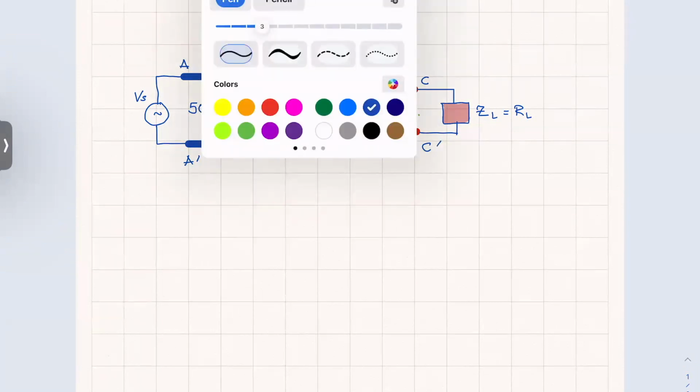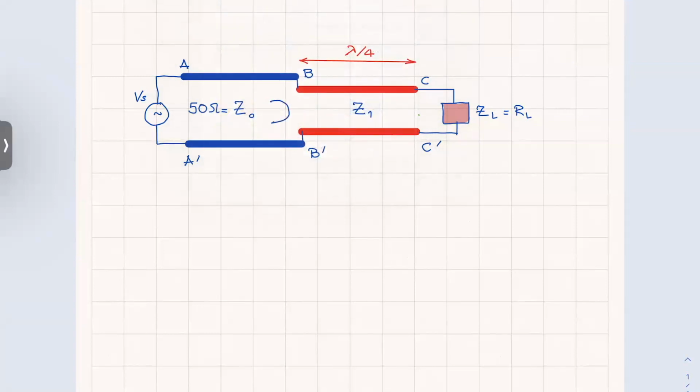So that you can make the reflection coefficient at BB prime, which I call gamma at BB prime, as we look from the source towards the load. For us, in this class, the source is always behind us. This gamma BB prime is 0, which means there is no reflection, all right?